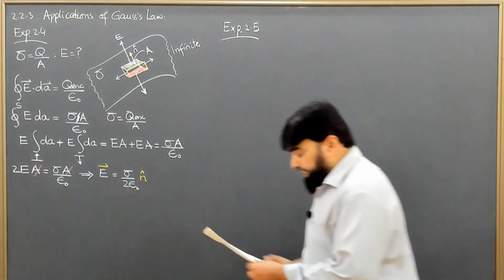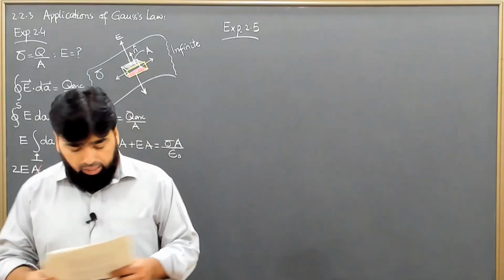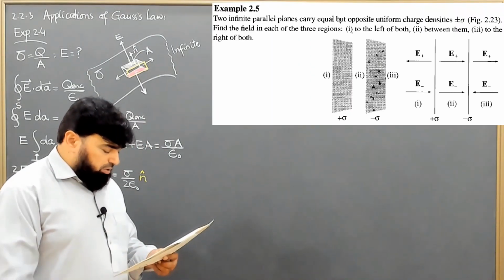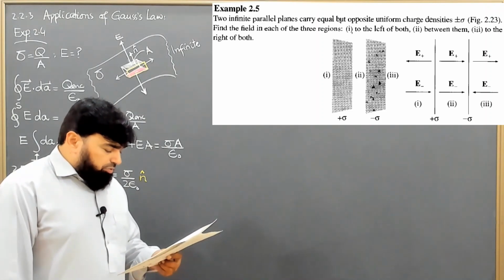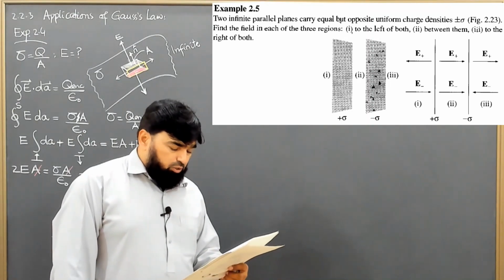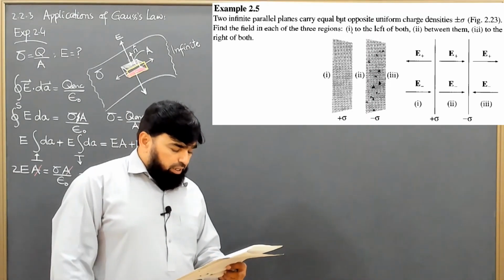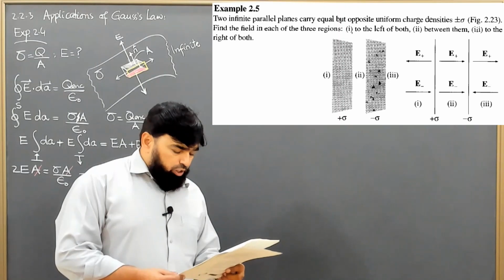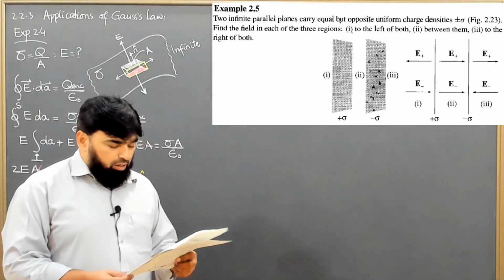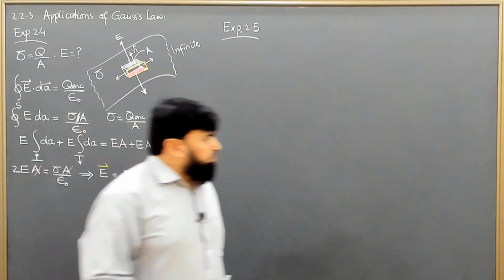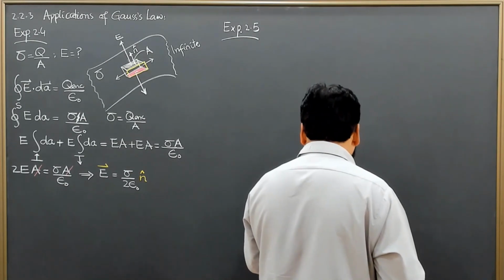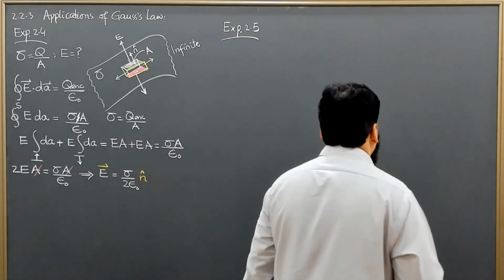Let me recite the example which you are seeing on the screen. Two infinite parallel planes carry equal but opposite uniform charge densities plus minus sigma. Find the field in each of the three regions: to the left of both, between them, to the right of both. So we will have to find the electric field in three different regions.